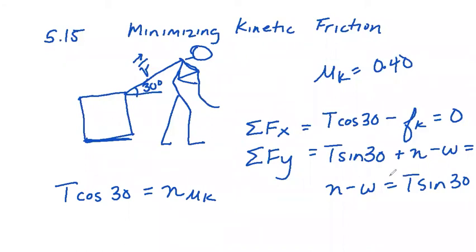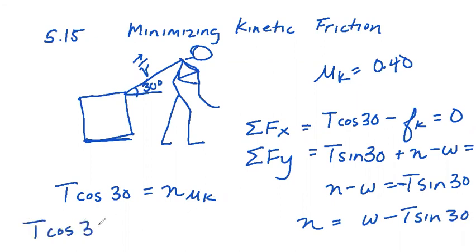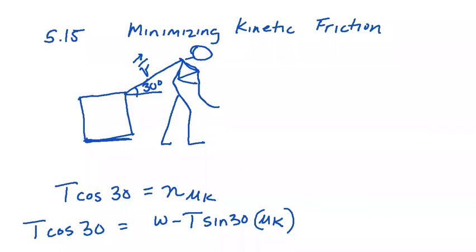I forgot the negative here. The normal force is going to equal the weight minus T sin 30. So T cos 30 equals the weight minus T sin 30, times mu k. I am solving for tension here. All right, coming back over here, let me rearrange my terms.